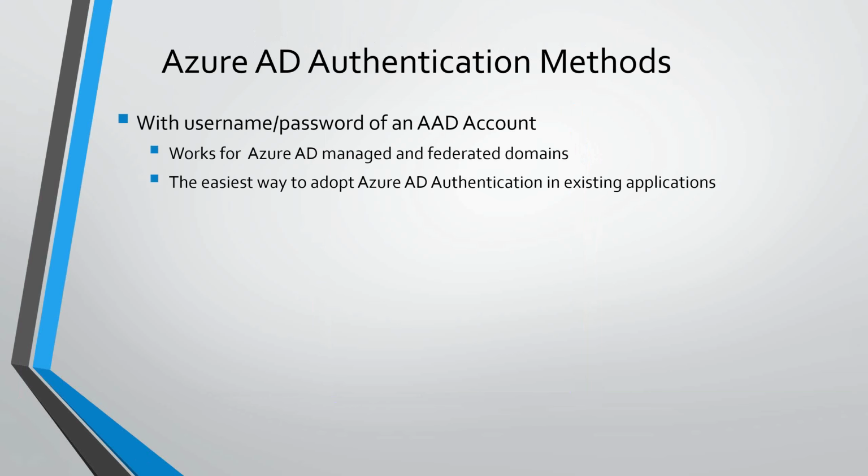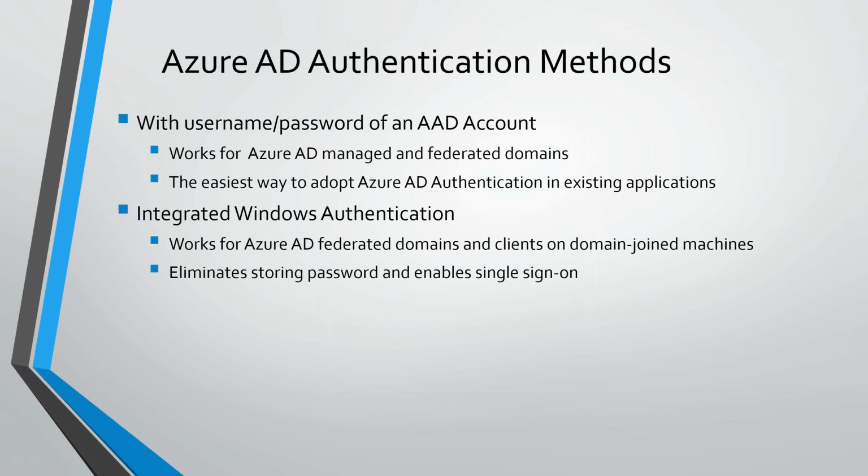These are the directories that people can create ad hoc quickly and put their own small domain, adding users, subtracting users, adding groups. And the truth is that this is the easiest way to proceed. The other one that I already mentioned is the integrated Windows authentication. And this is an option where the client is working on a domain-joined machine, and this domain is federated with Azure Active Directory.